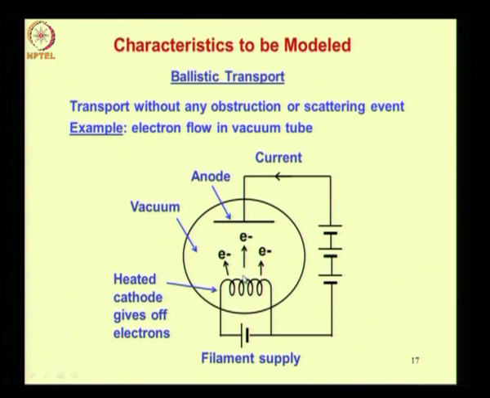So you can see the electron is moving from the filament to the anode but it is not getting scattered by anything because this is vacuum, you do not have any impurity atoms, you do not have any vibrating lattice atoms, nor are the carriers trying to hit each other. So this is an example of ballistic transport. Like a bullet shot from the filament, the electrons move to the anode without any obstruction.